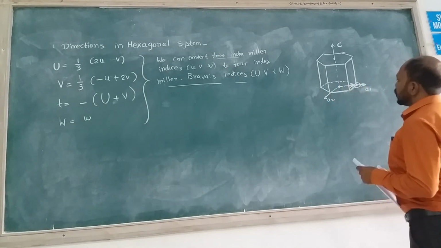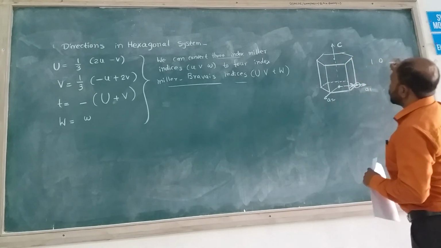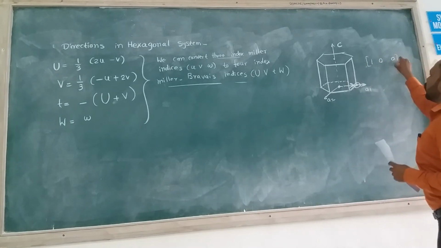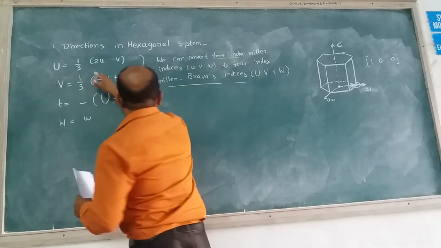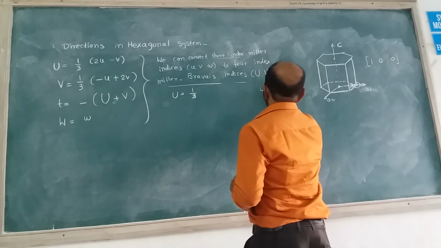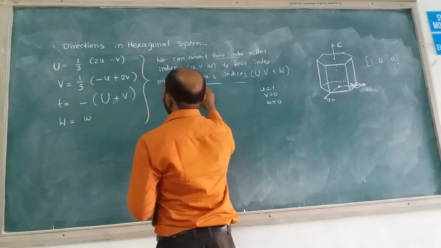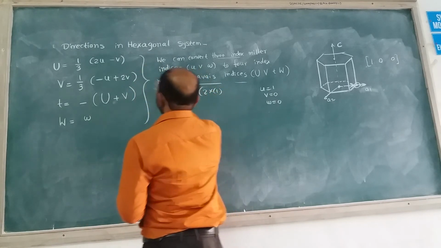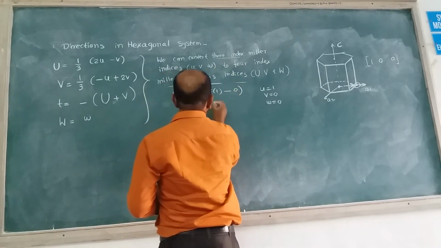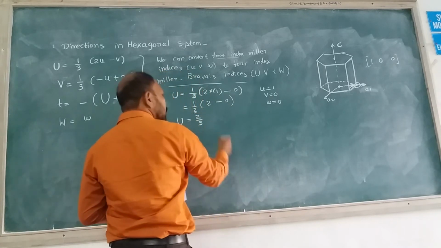For this direction, the a1 distance becomes 1, the a2 distance is 0, and the c distance is 0. So the value becomes 1 0 0. Now we use this formula, where U is equal to 1 upon 3 times (2u minus v). In this case, u is equal to 1, v is equal to 0, w is equal to 0. We substitute here: 1 upon 3 into (2 into 1 minus 0), so the answer is 2 upon 3. So U becomes 2 upon 3.